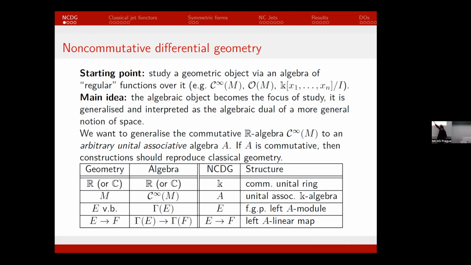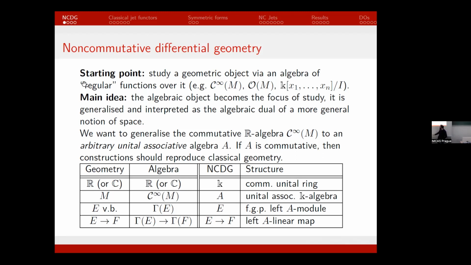And in our generalization, we will consider a generic commutative unitary ring. Now, a manifold, which algebraically is represented by smooth functions over the manifold, is generalized by a generic unital associative K-algebra.